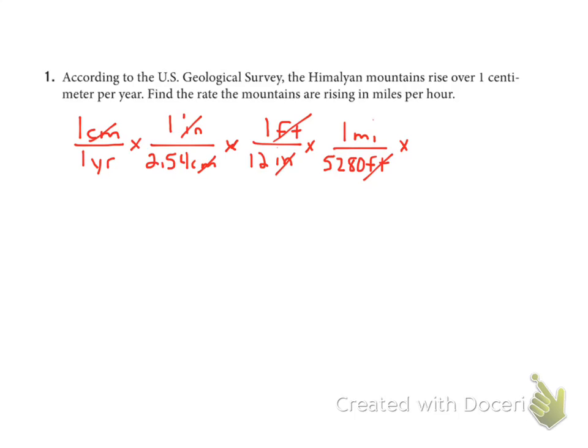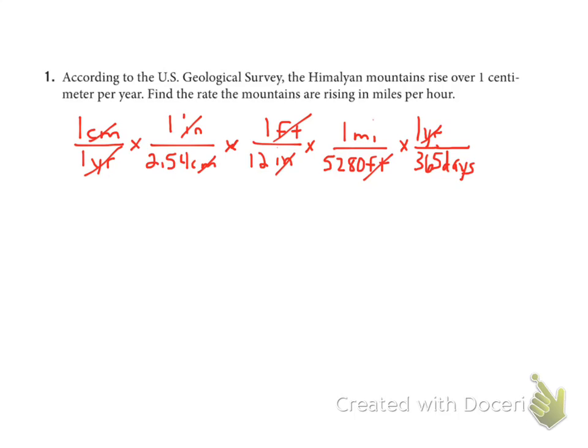How many days are in a year? 365. Okay, so 1 year is 365 days. You can cross off the year. At that point, we would have miles per day.